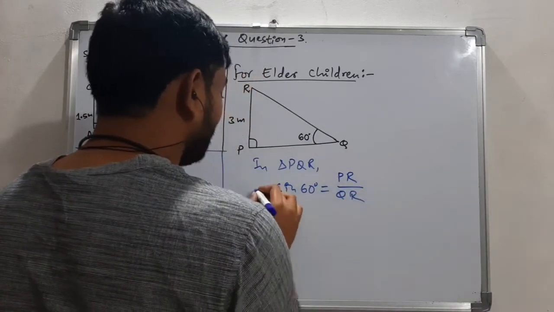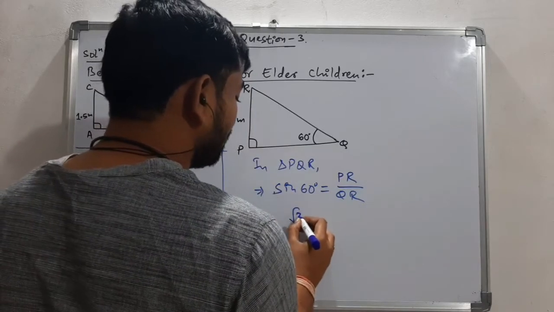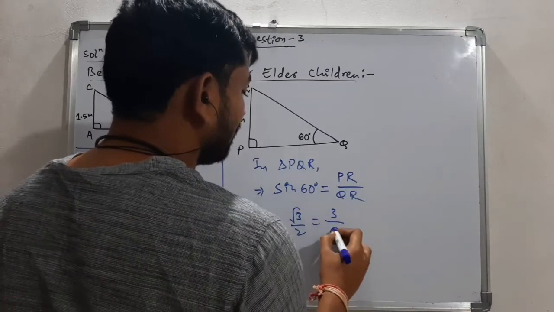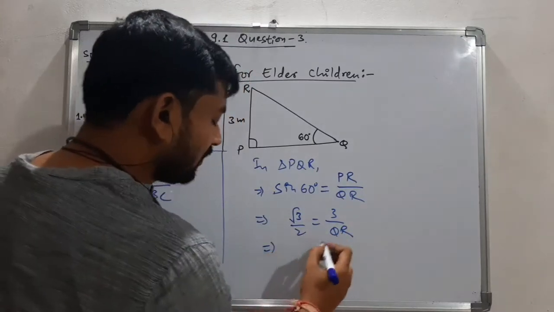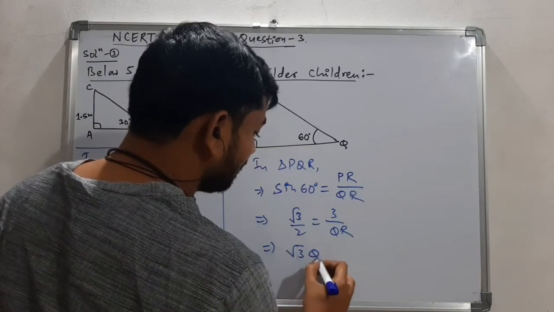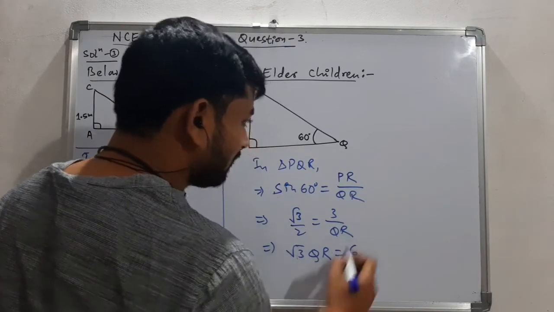Now the value of sin 60 is root 3 by 2. PR is 3 meters and QR we want to calculate. So the value which we are getting here on cross multiplication is root 3 QR is equal to 6.